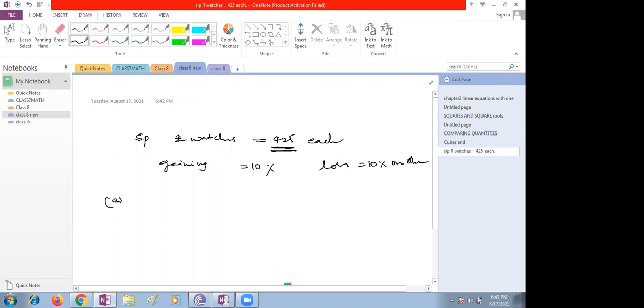Yes, Shreya, the selling price is given, it's not the cost price. The selling prices of the 2 watches are 425 each, children, listen carefully.